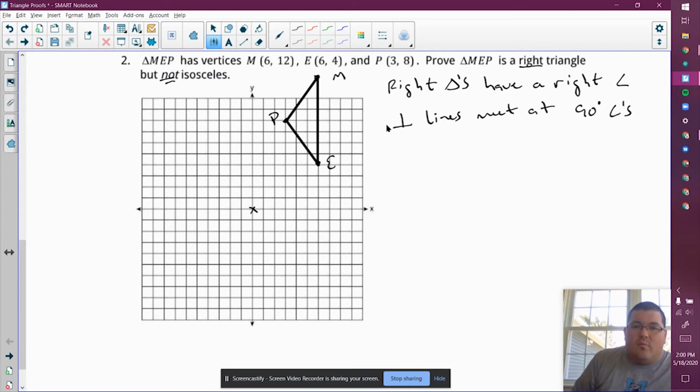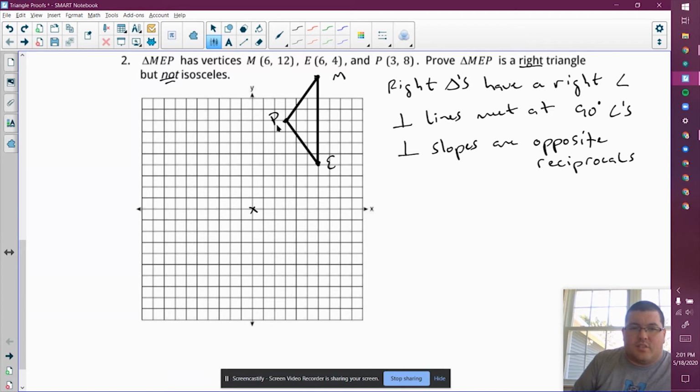And so how can we prove perpendicular lines? Well, remember that perpendicular slopes are simply opposite reciprocals.